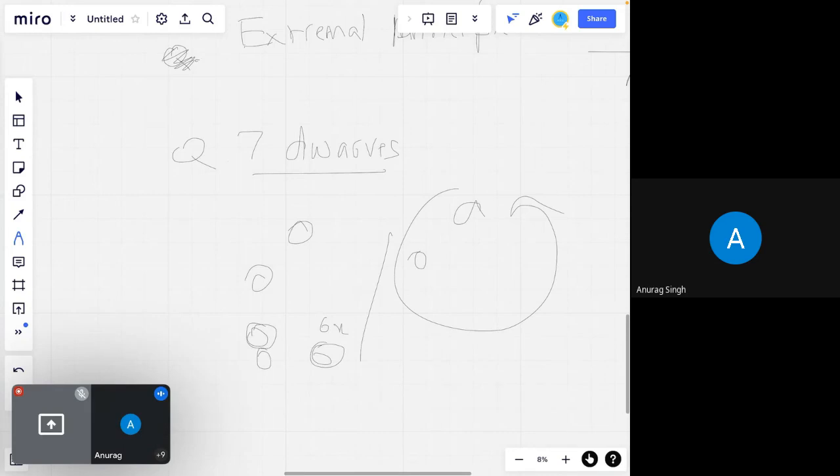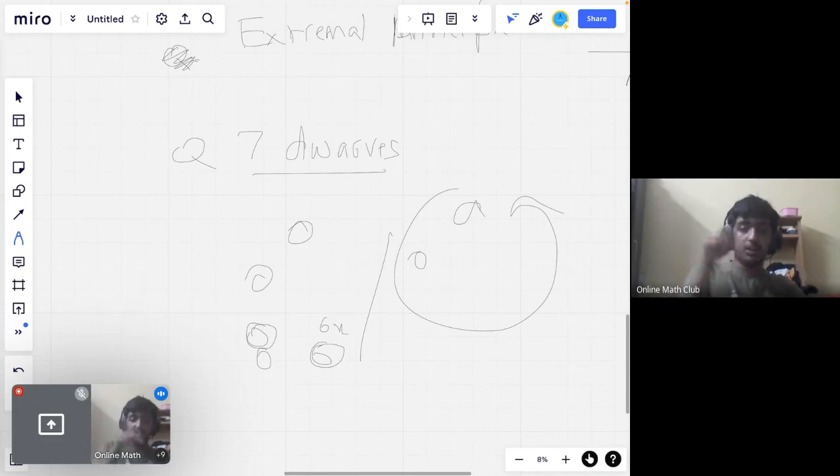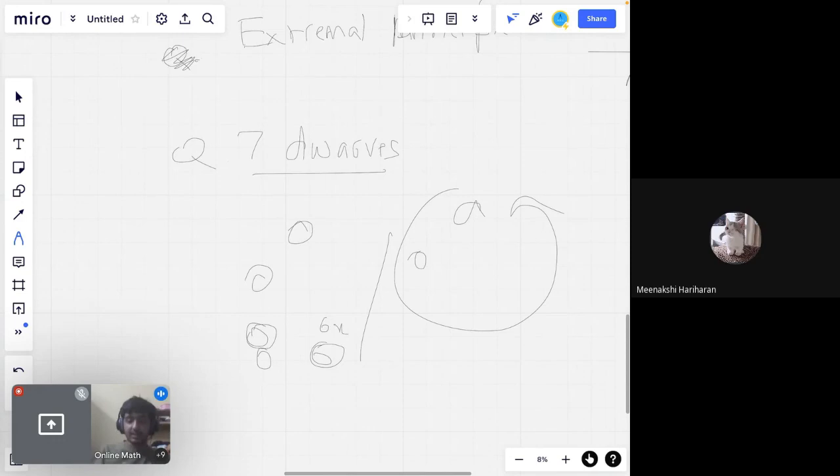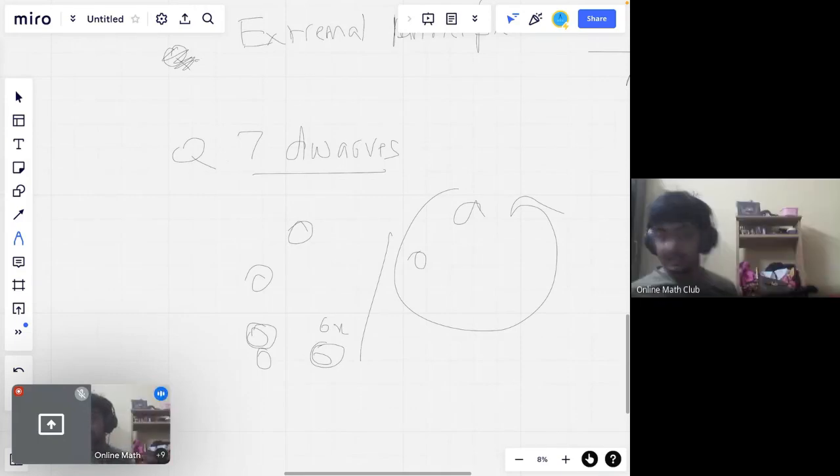Wait, it's given that the initial amount is the same as the final amount, or we have to prove that? It's given that every single dwarf has the same amount initially as after the 7 dwarfs are done, and we need to find the amount of milk with respect to the others. That's what we need to find.